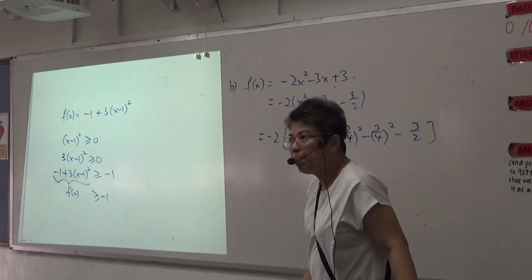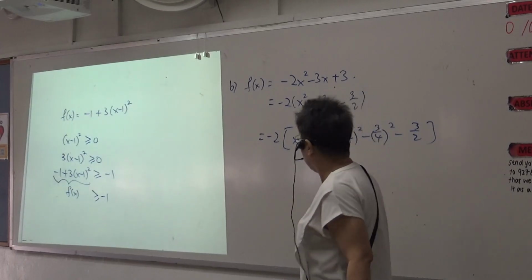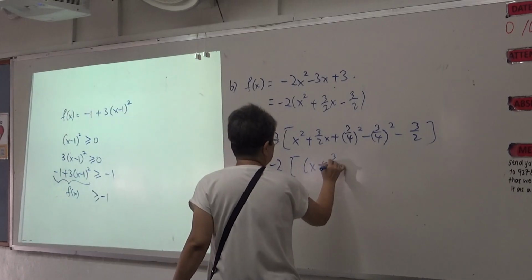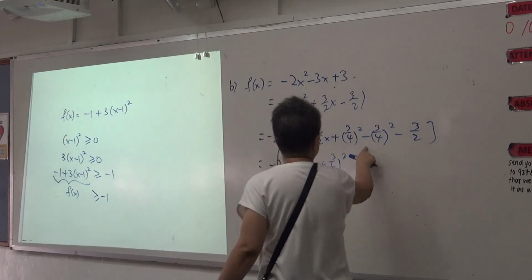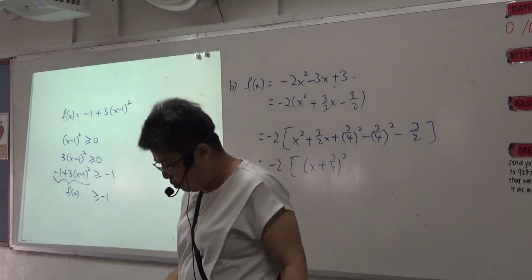Is that clear? So don't be careless. You must divide and then divide only. So this will be negative 2 times (x plus 3 over 4) squared. Now, can you key this onto the calculator? What is this value in the bracket?